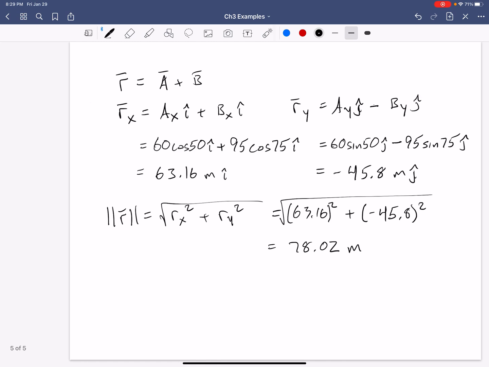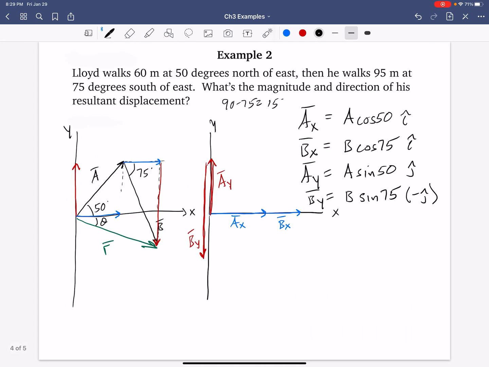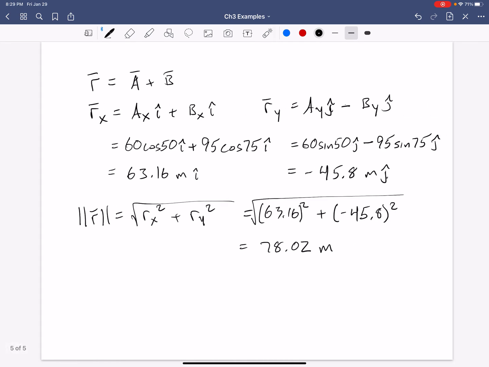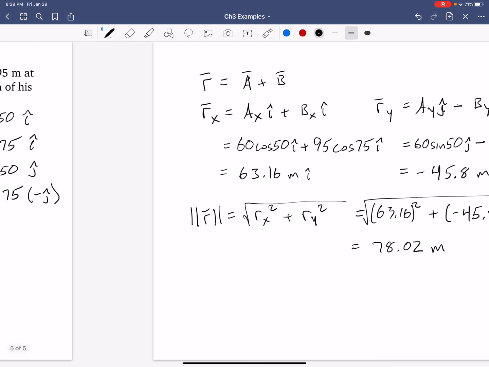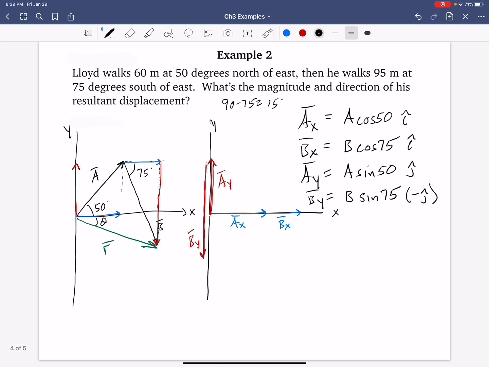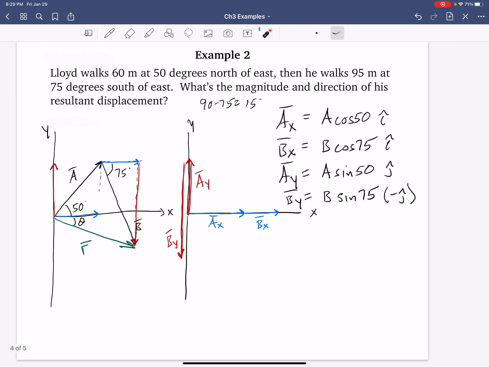And if we look at our graph here, x was positive 63, y was negative 45. Anyway, the resultant x should be positive, that's right. Y should be negative, the resultant, that matches. So it seems to be matching so far.